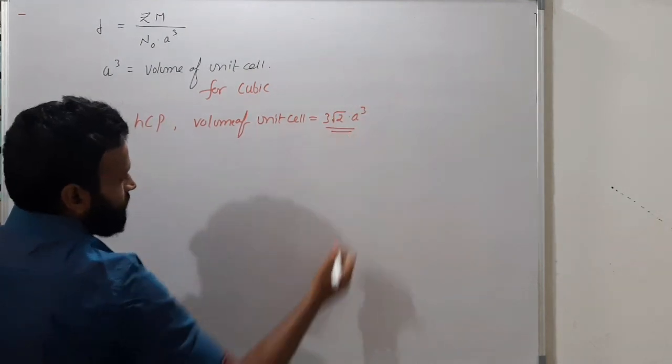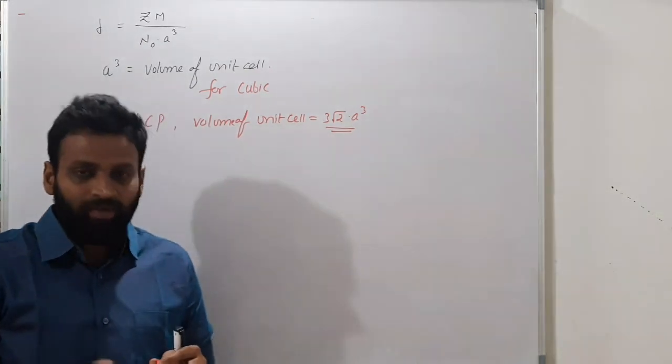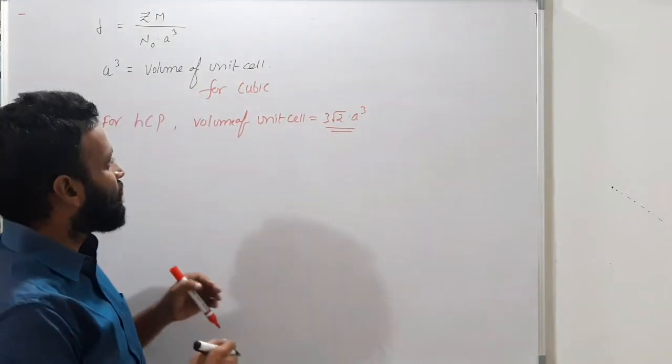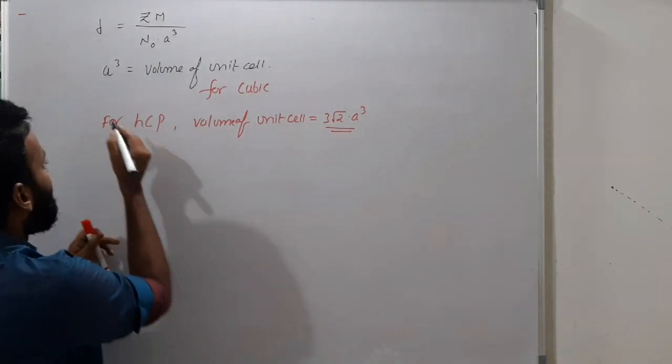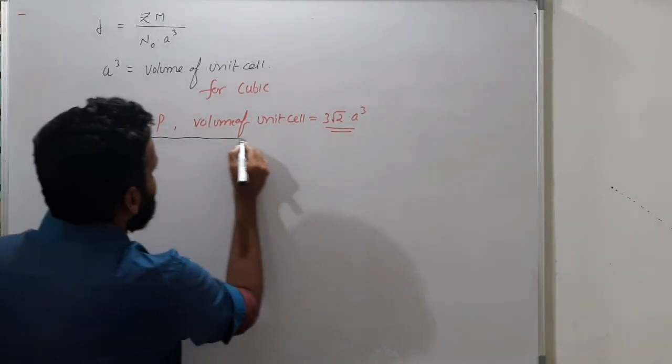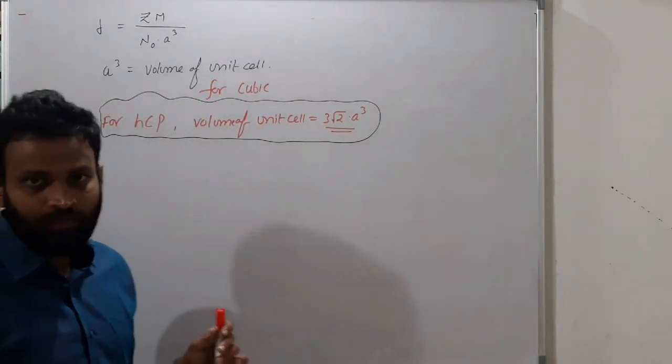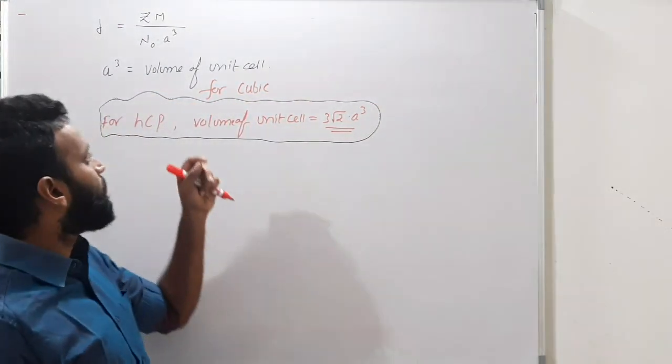This you have to consider because their height is very different, very much different. Okay, so this is the only thing you have to understand. For HCP, volume of unit cell is 3 root 2 a cube. Okay, so these are very important here.